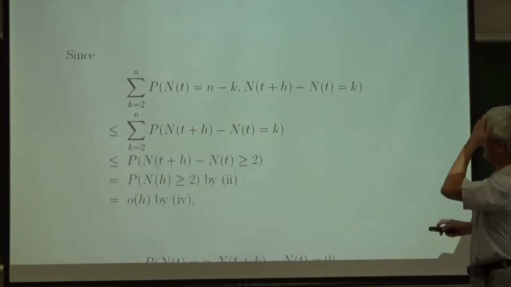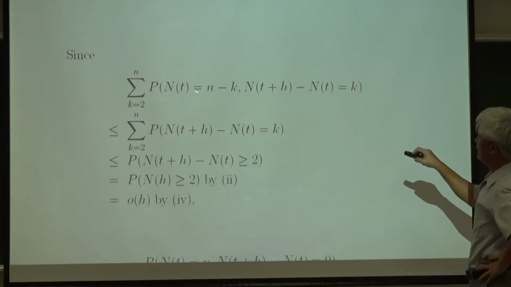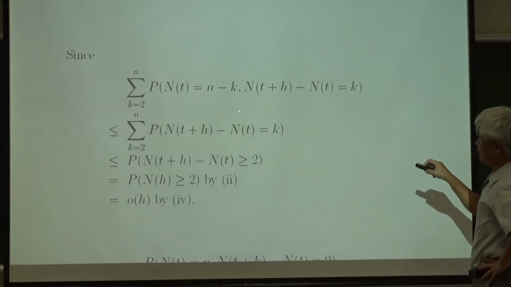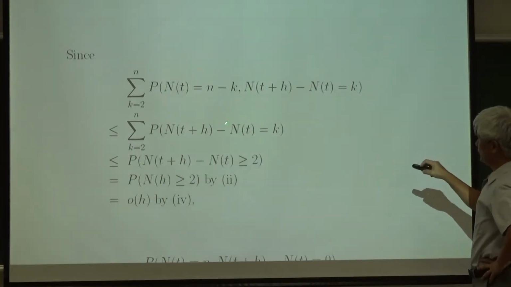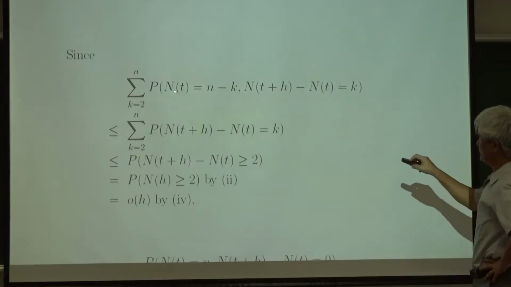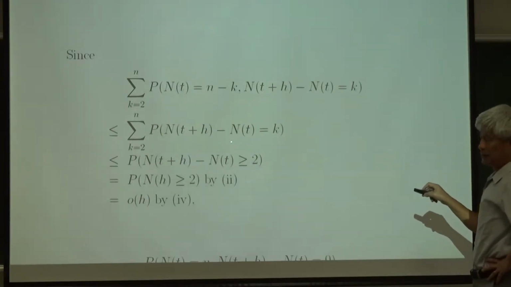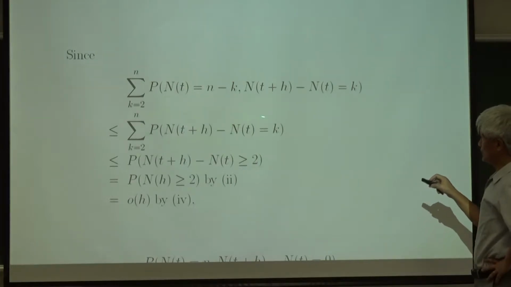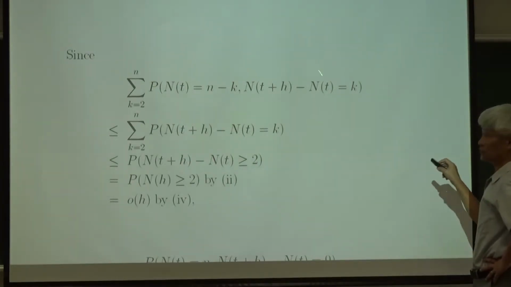When we estimate that, the joint event here is upper bounded, because the intersection of these two events is a subset of this event. So the probability of this event is greater than or equal to the probability of this joint event.